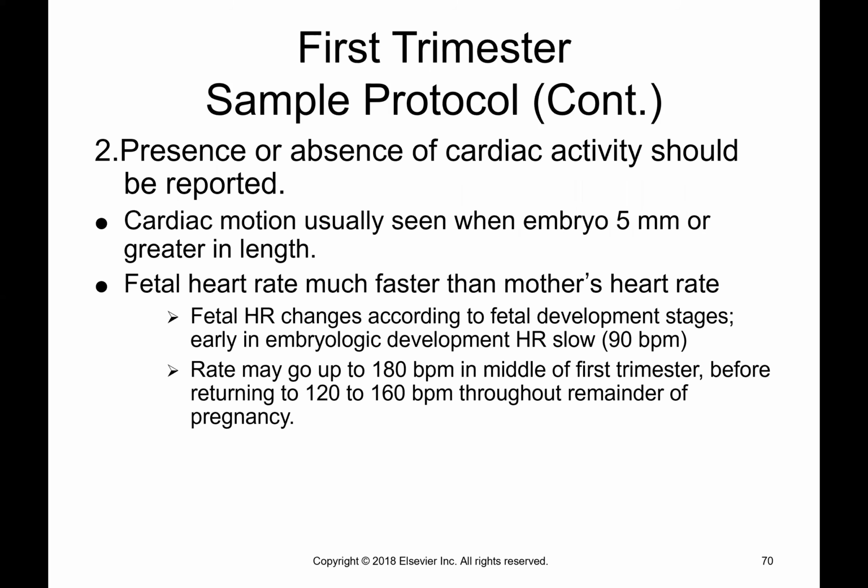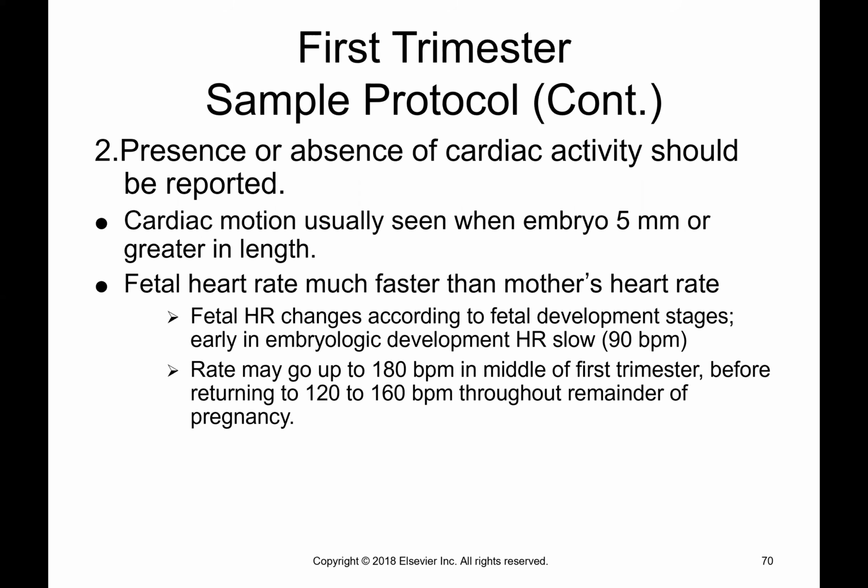For a sample protocol, you want to confirm cardiac activity. Now, this is something that might be on your test. Cardiac motion is usually seen when the embryo is 5 millimeters or greater. The fetal heart rate is much faster than the mother's heart rate.